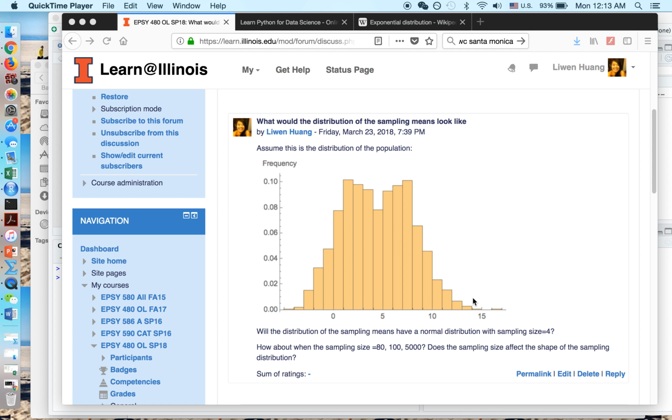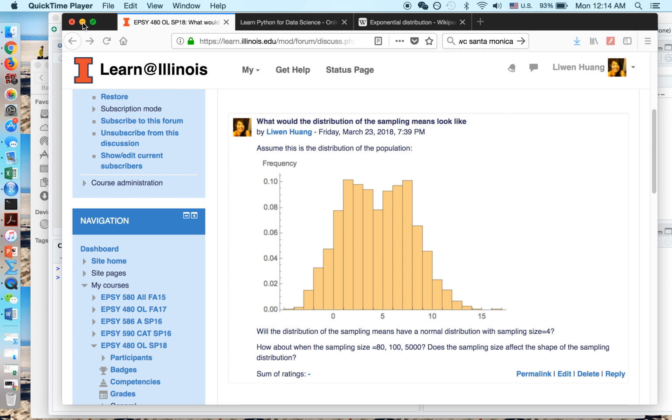Will my new sampling distribution have a shape that depends on the underlying population distribution? The short answer is no. And today we're going to talk about the intuition behind that.